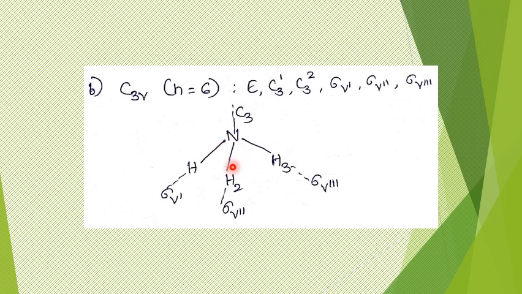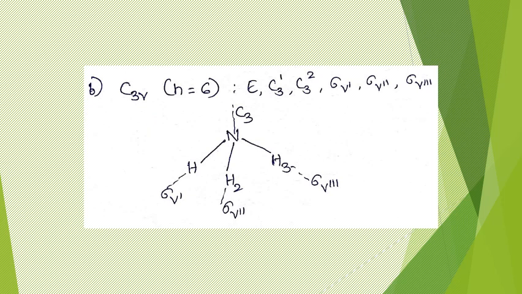This plane passes between the nitrogen atom and a hydrogen atom, so it bisects the other two hydrogens, and after performing the operation, reflection can be taken in a plane which passes here, and H2 and H3 can be interchanged if the plane is along H1. That is a vertical plane because it contains the C3 axis, and 3 such vertical planes are possible. The molecule has 3 vertical planes and a C3 axis. That's how it will be the C3V point group.